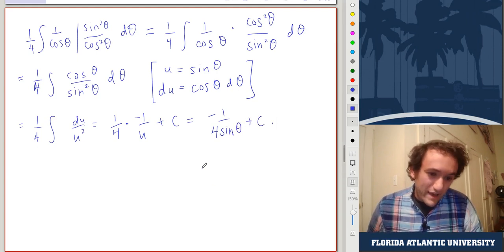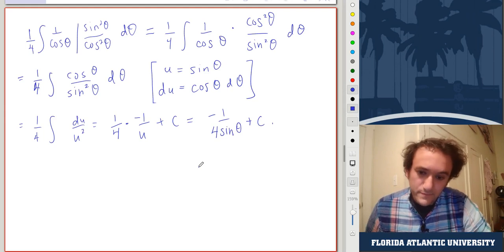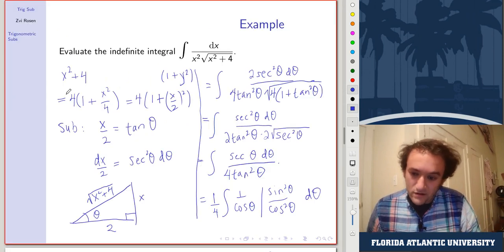We still want to turn this back into x variables. So looking back at our right triangle, we're going to borrow that.